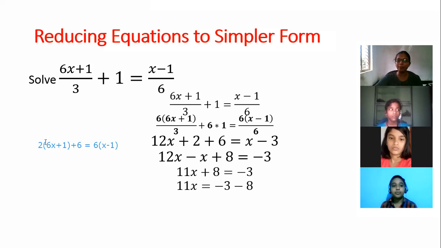And by opening the bracket, we get 2 into 6x is 12x and 2 into 1 is 2. That is 12x plus 2, plus 6, which is equal to, I'm sorry, here there is no 6 because we have cancelled it.